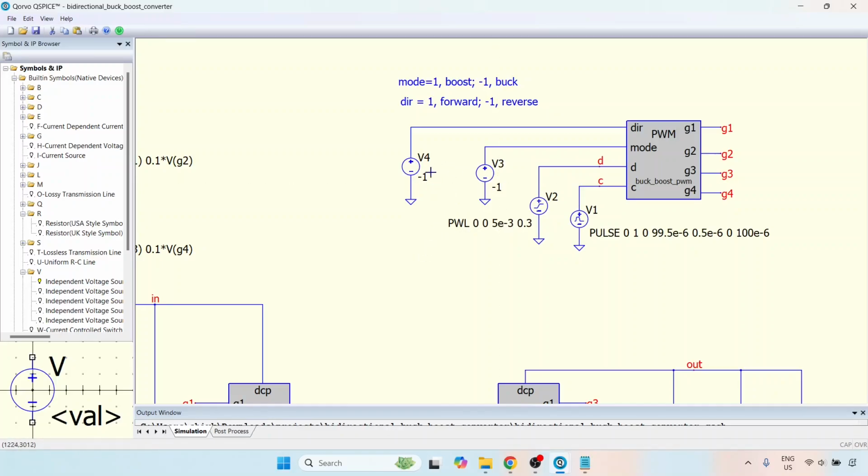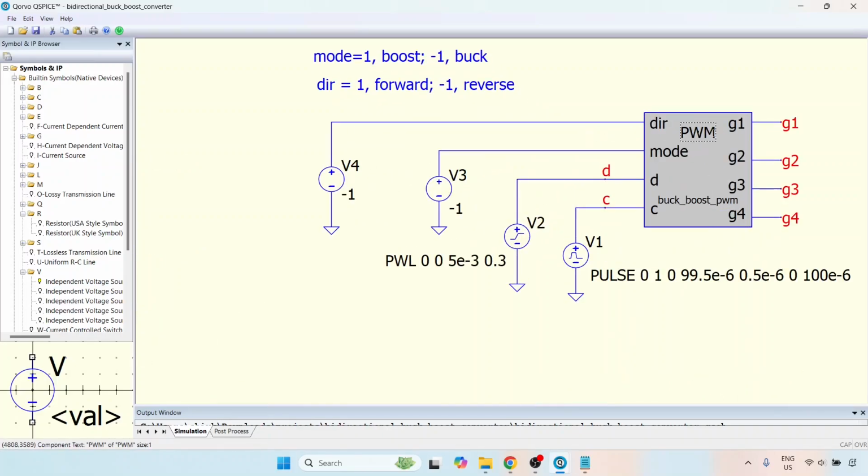In this case, I'm going to make this -1 because this is the input to DIR, and here we have used the convention that when it is -1, the power is flowing in the reverse direction. And for mode, when we put a value of -1, it means it was in the buck mode of operation, or rather the output is less than the input. So let us change this to 1, in which case it is the boost mode of operation, where the output is greater than the input.